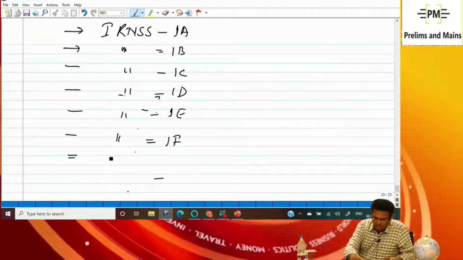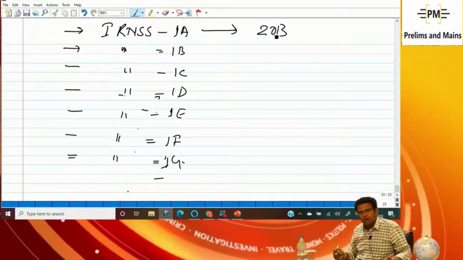IRNSS 1A we sent in 2013, before the Mars mission.